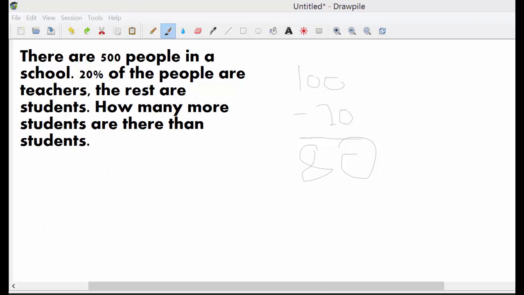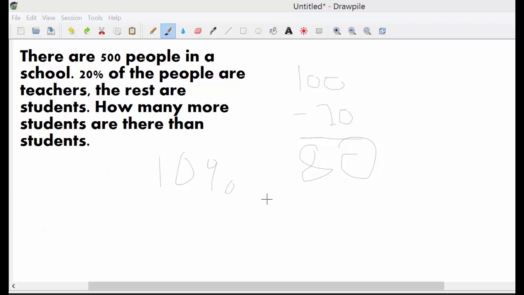So 20% of 500 is 10% of 500 times 2. To figure out 10%, we take 500 and move the decimal place one digit over, which equals 50.